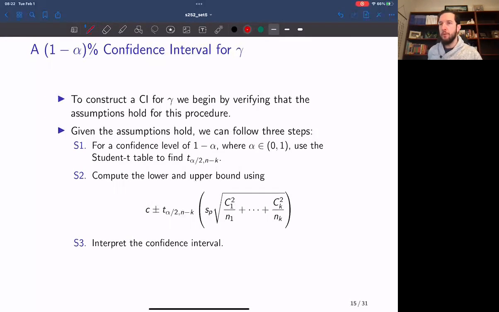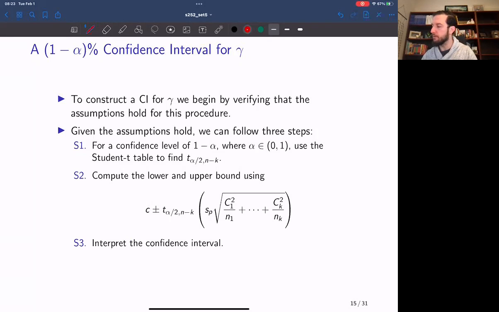Okay, so if we want to build a confidence interval for gamma, it'll be the same three steps that we've seen for any confidence interval. The examples will be coming up. So we start by finding a t-value, and then on the second step, we construct the interval. So the form of the interval is shown here.